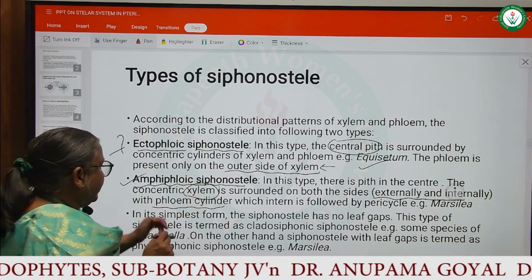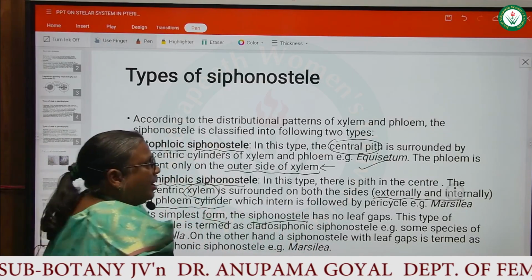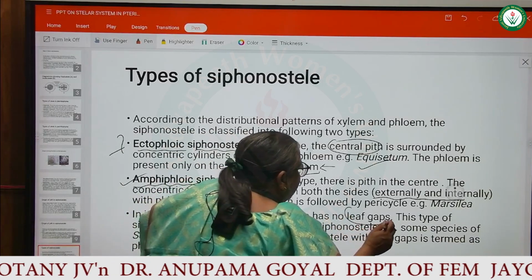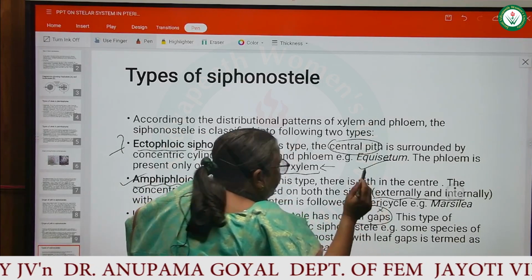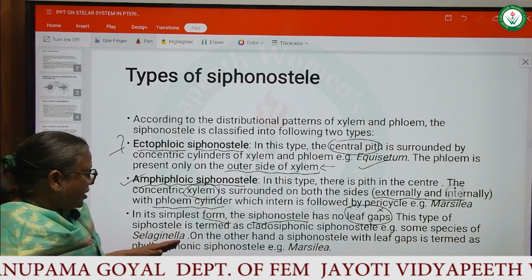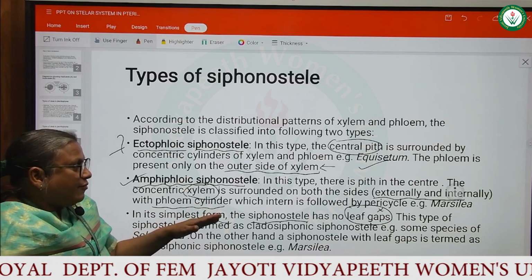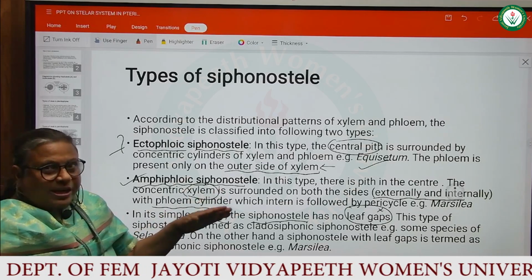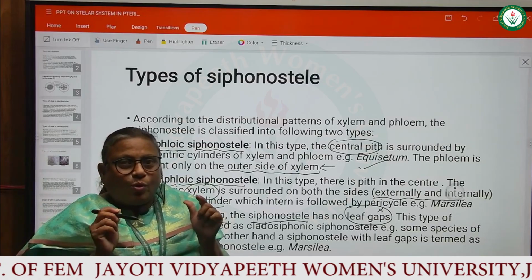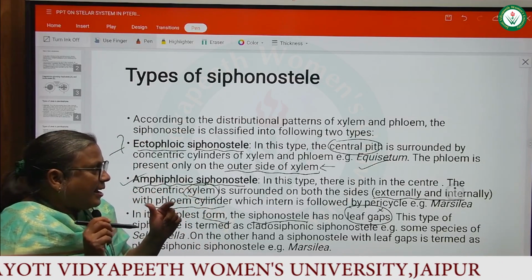In its simplest form, the siphonostele has no leaf gaps. Leaf gaps are not present in this siphonostele. This type of siphonostele is termed cladosiphonic siphonostele. So, in cladosiphonic siphonostele, leaf gaps are absent.